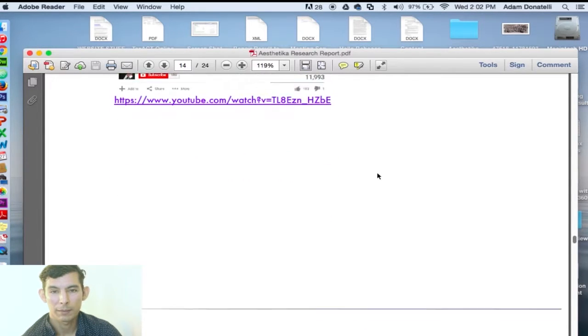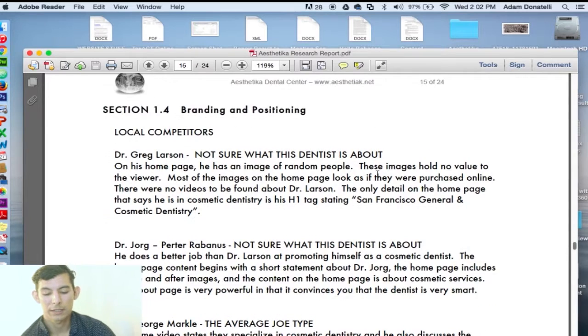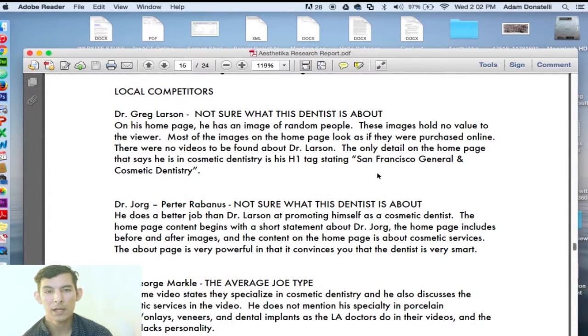Now, when I go back and look into the San Francisco dentists, I'm not seeing much branding and positioning strategies. What they're doing is pitching the dental centers, which is counterproductive based on the research.